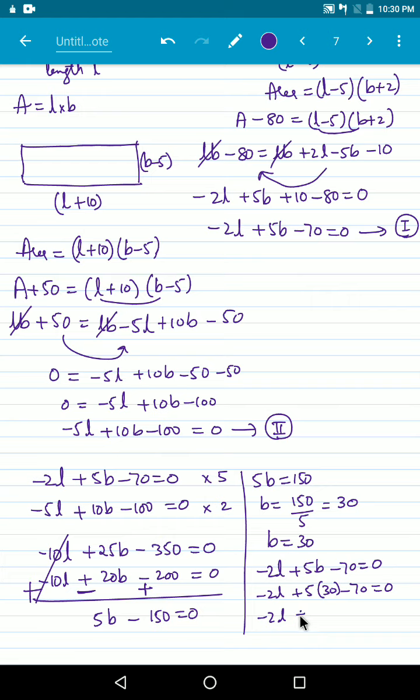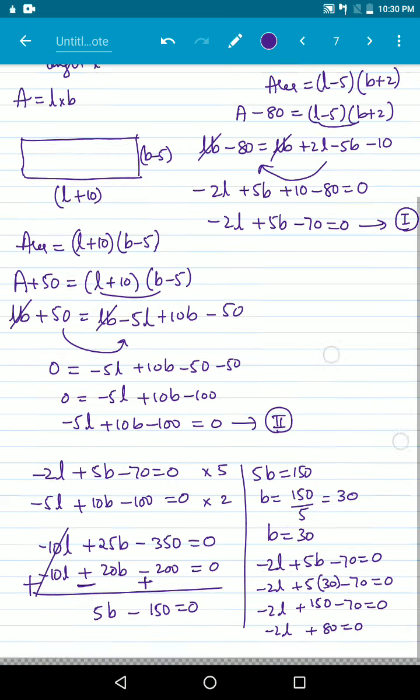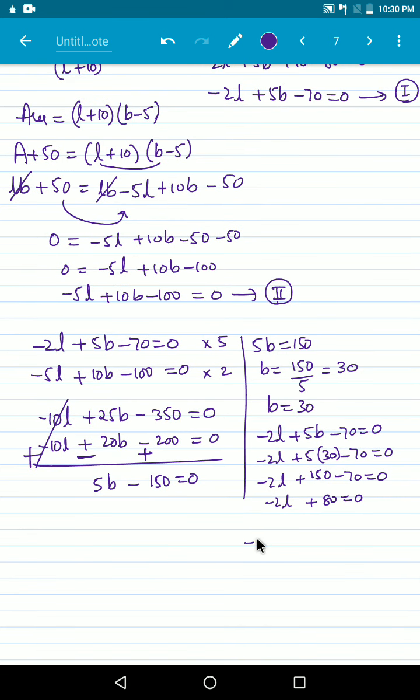Minus 2L plus 150 minus 70 is equal to 0. 150 minus 70 is 80. So we have minus 2L is equal to, this 80 goes on the other side, becomes minus 80, and L will be equal to minus 80 divided by minus 2. It will give us plus 40.